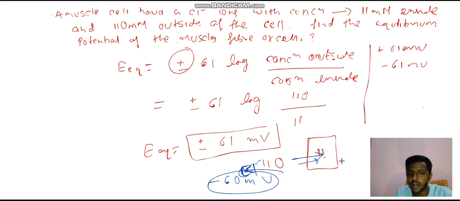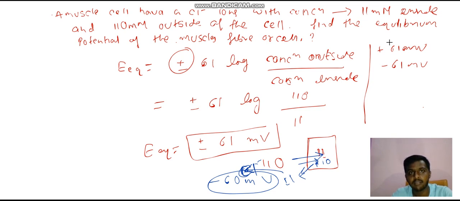If this were opposite, if 110 were the inside concentration and outside were 11, then the net movement will be outside, so inside will be positive. So a negative charge moving outside, so it will be positive. I told you before, in this whole membrane potential chapter we have to see everything with respect to the membrane.